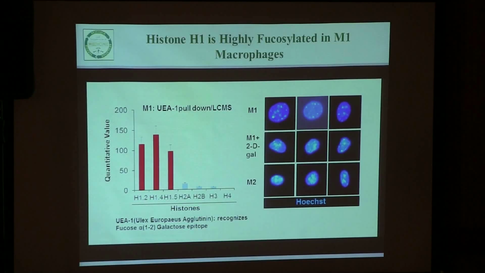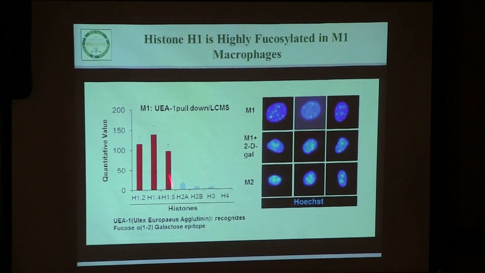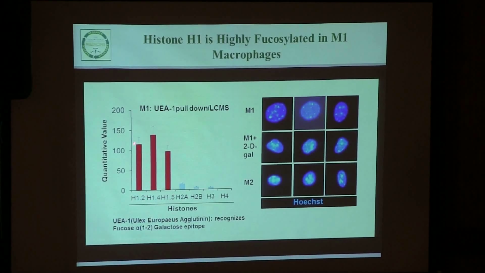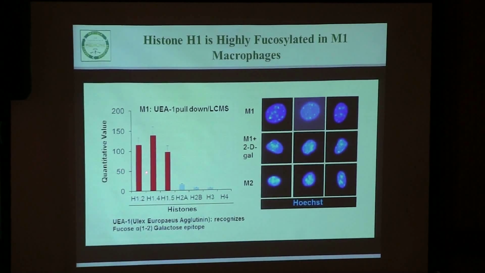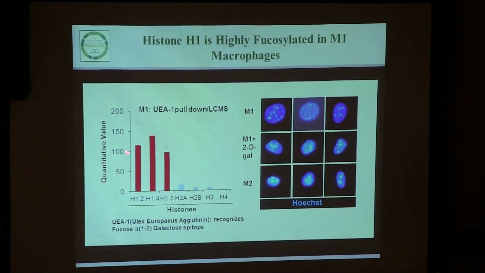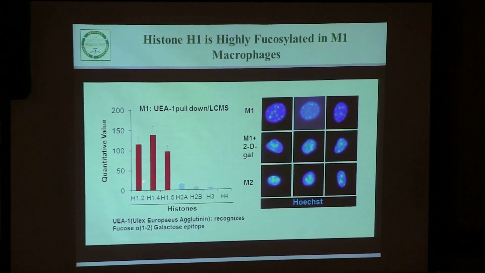The first thing we were trying to figure out was which protein is really fucosylated in macrophages. So we performed a lectin pull-down coupled with mass spec analysis. It turns out the protein that's highly fucosylated in M1 macrophage is histone H1, which is kind of surprising because it's a nuclear protein.